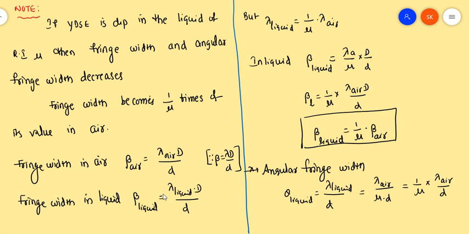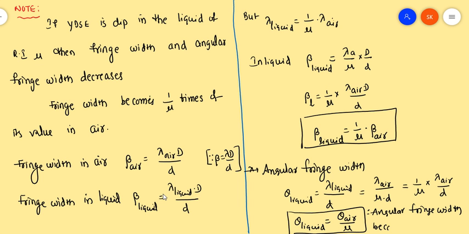But lambda in air by d is the angular fringe width in air. So it is angular fringe width in air by nu. That means angular fringe width also becomes 1 by nu times.